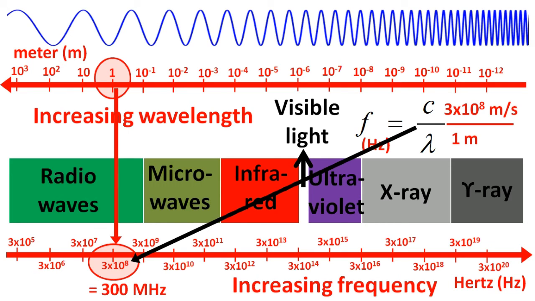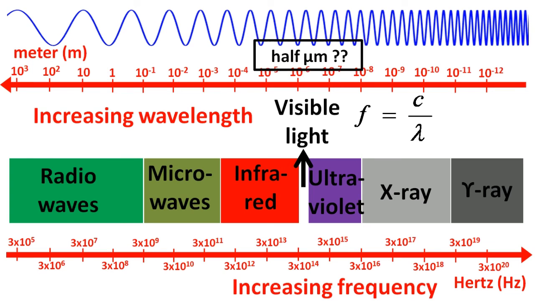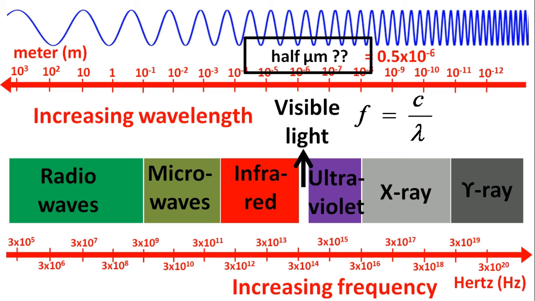I get it. So if a radio station says they are broadcasting at 300 megahertz, it means that the wavelength of their radio wave is 1 meter. That's correct. So, can you now tell me the frequency of visible light that has wavelength of half micrometer? Yes, half micrometer is the same as 0.5 times 10 to power minus 6 meters.